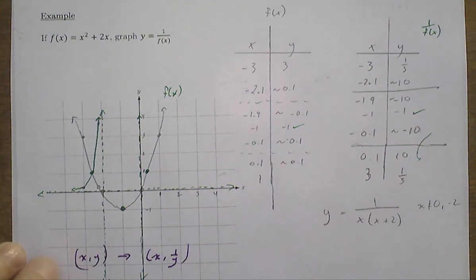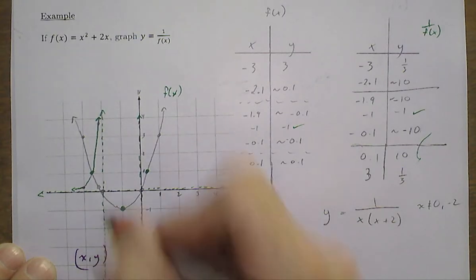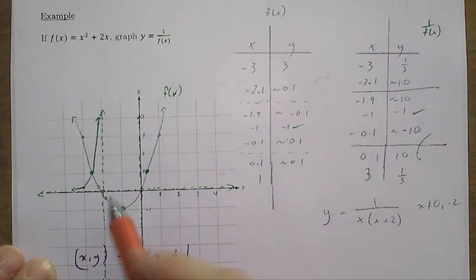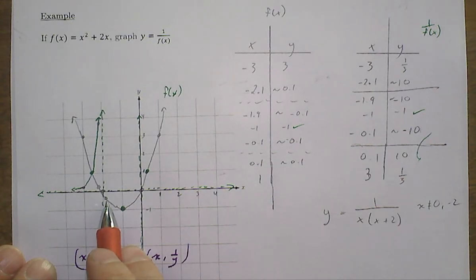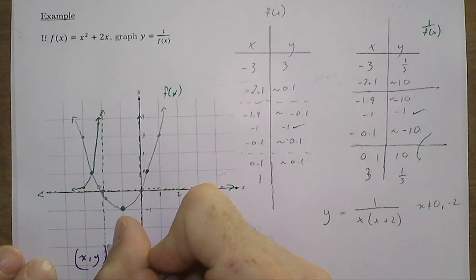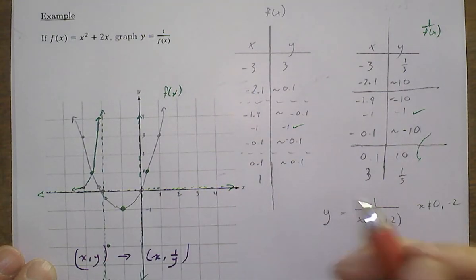Now, alternatively, let's go to the middle area. I'm going to take this point, very close to my asymptote. I notice that my y value is small and negative. You could say negative a quarter. So x comma negative a quarter, when you take the reciprocal of the y value, that negative quarter turns into negative 4, or something very large.